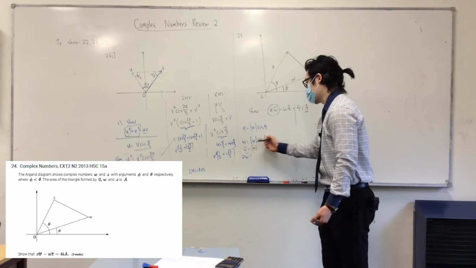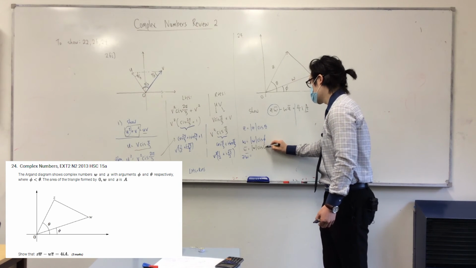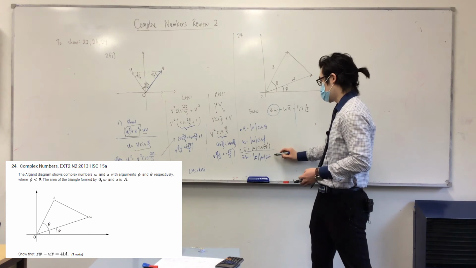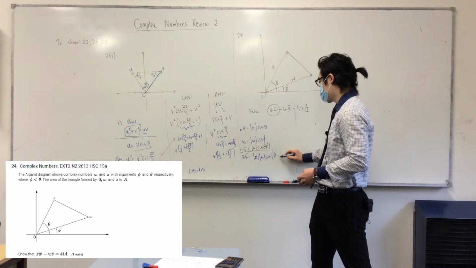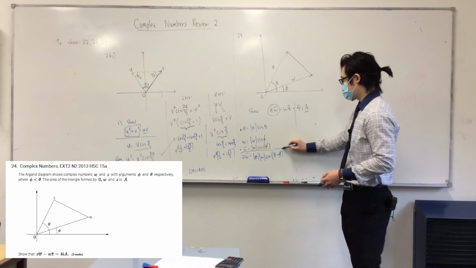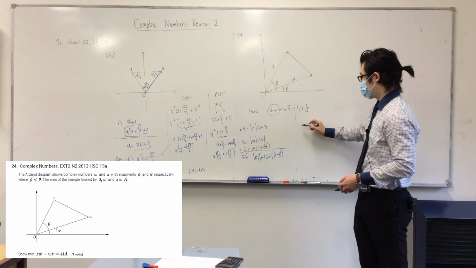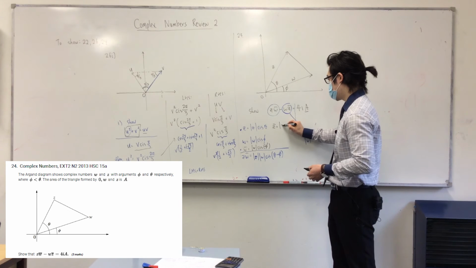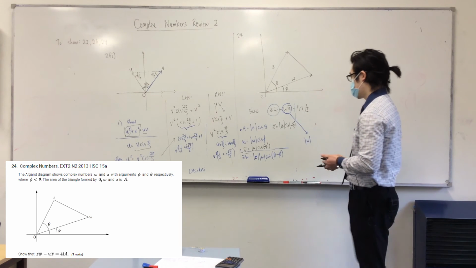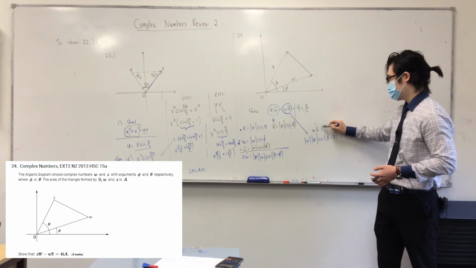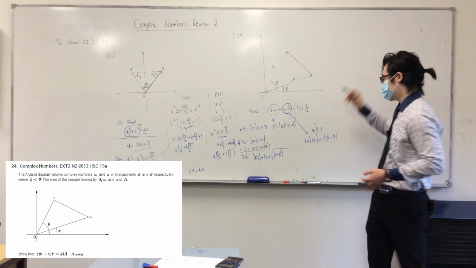The modulus is still going to be the same, but you're going to have a negative angle. And what do we do with the angles? You add them, but because it's got a minus, it's going to turn out like this. Now let's do the same thing for this, just without the minus, but cis negative theta. So that's WZ.